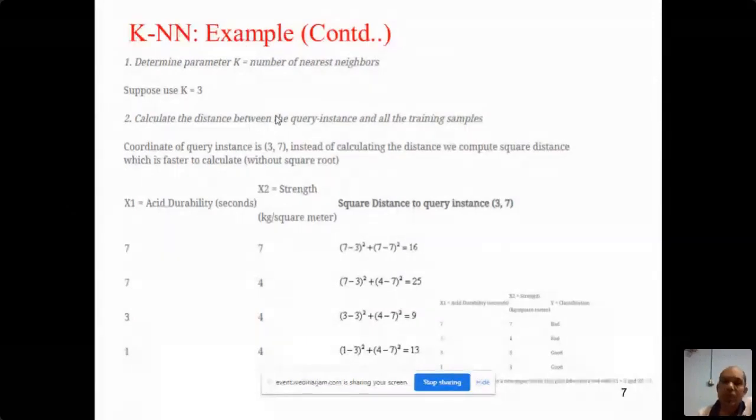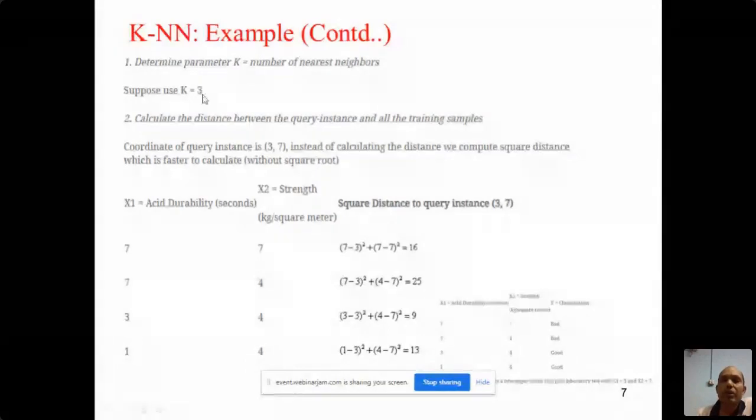Anyway, based on the problem or through hit and trial methods, you can get the optimal value for k. So here I am assuming k equal to 3. Then, based on the Euclidean distance, I calculate the distance of the new data point, which is 3 and 7, with respect to all the instances available in the data set.